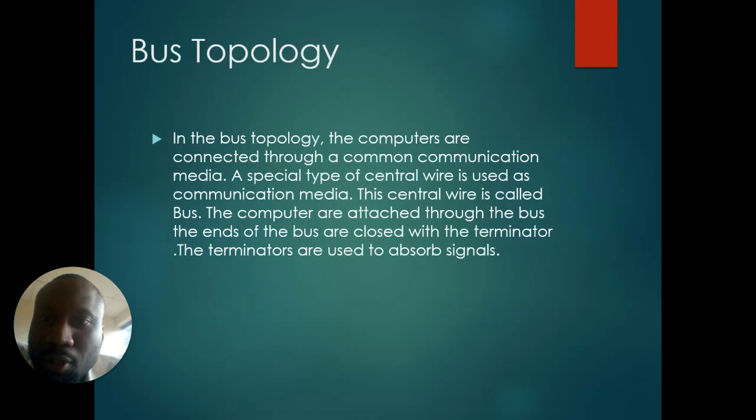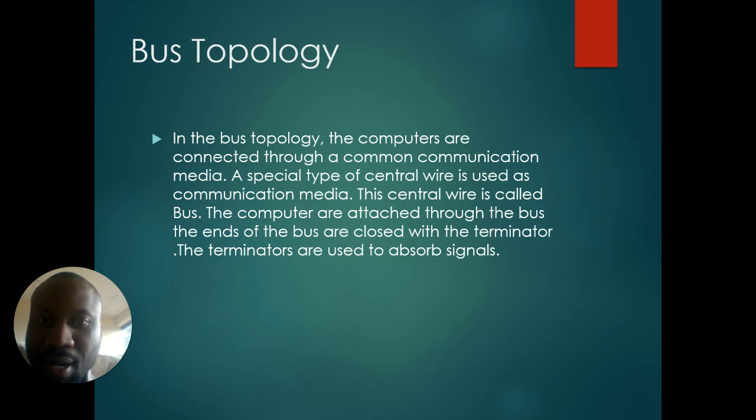So the bus topology, the computers are connected through a common communication media. A special type of central wire is used as communication media. This central wire is called the bus. The computers are attached through the bus.